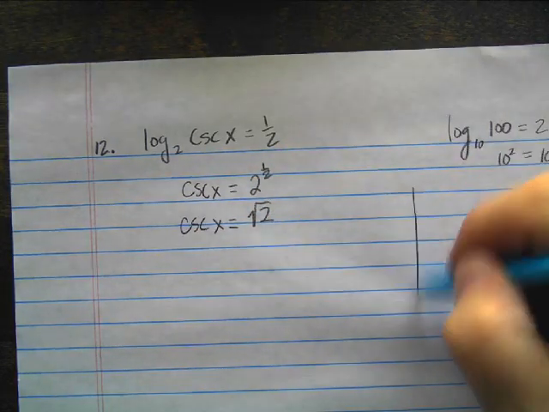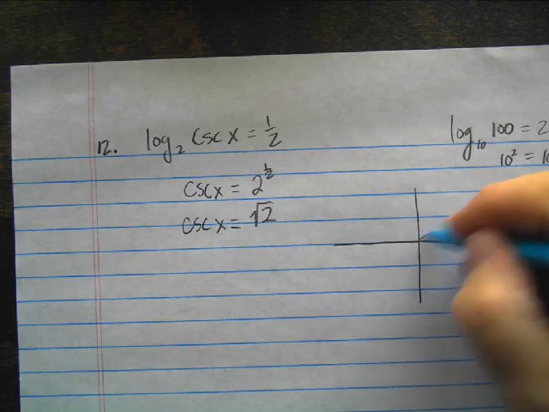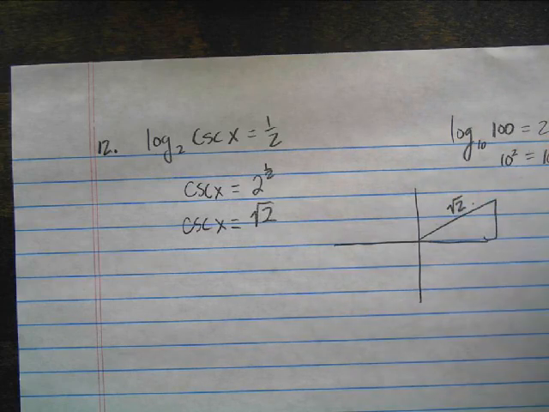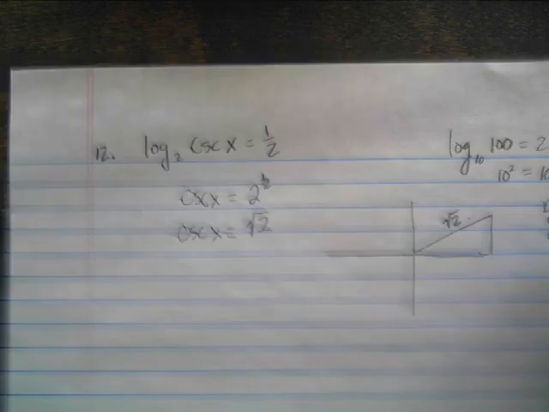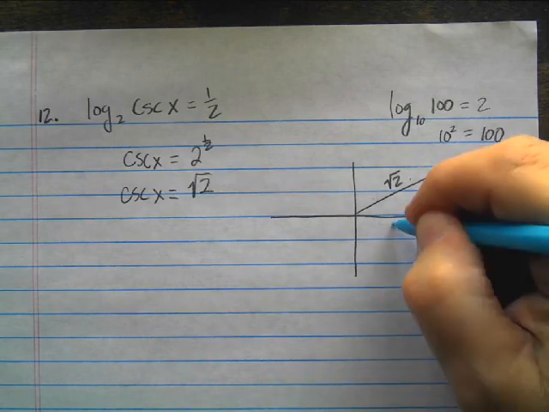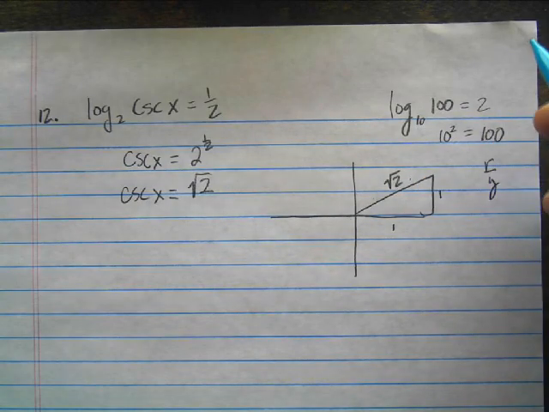And again, that is a triangle we know. The hypotenuse, or the r, the radius, is the square root of 2, because cosecant is r over y. So this would be 1, and this would be 1. And that's a 45-degree angle.